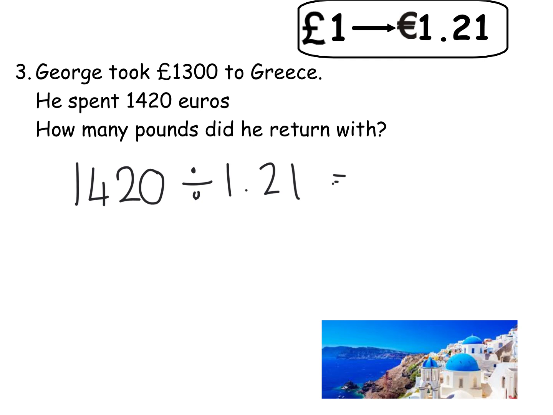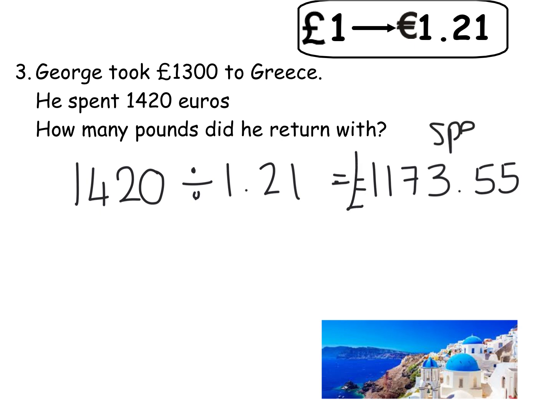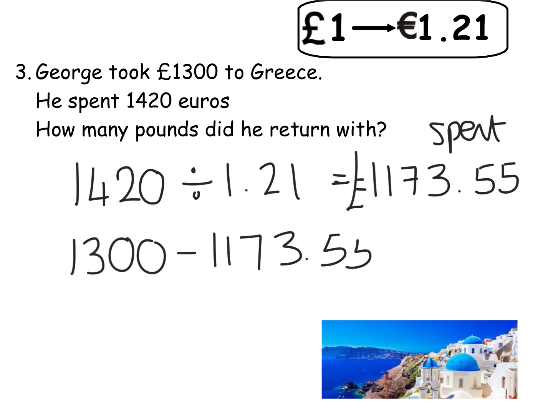So it gives me 1173.55. Next number is a 3, so I can take that back to 55. So that tells me that he spent £1,173 roughly. So what he's come back with, if I then take that off the 1,300, tells me that he came back with £126.45.